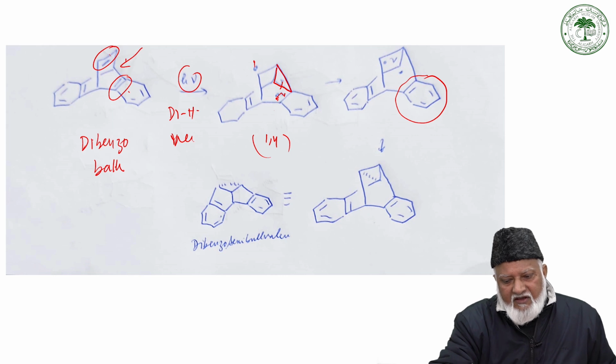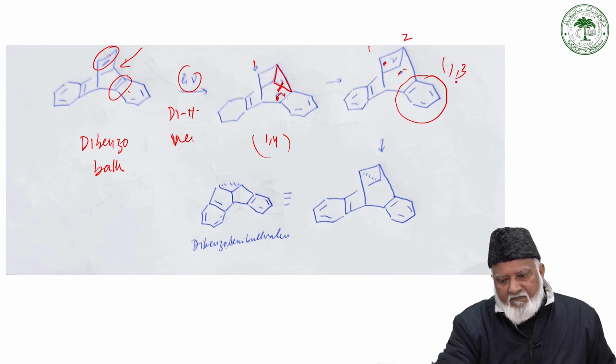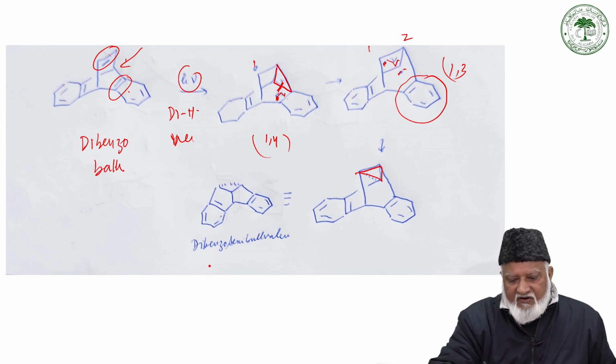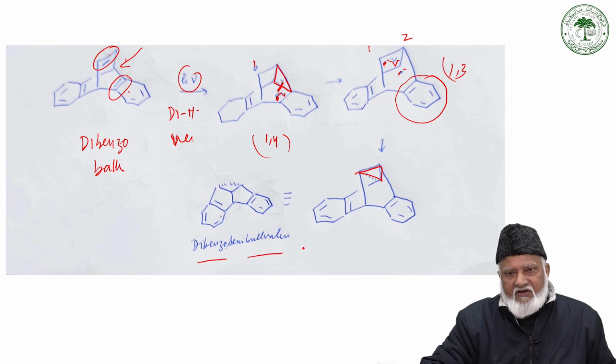So exclusive cleavage of this bond takes place, to give a 1,3-diradical, which can once again combine to give a three-membered ring. So again this gives a dibenzosemibullvalene derivative.